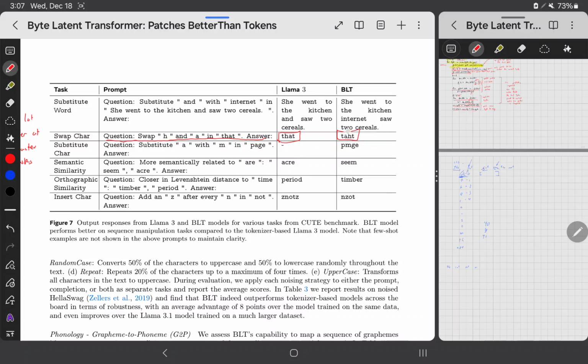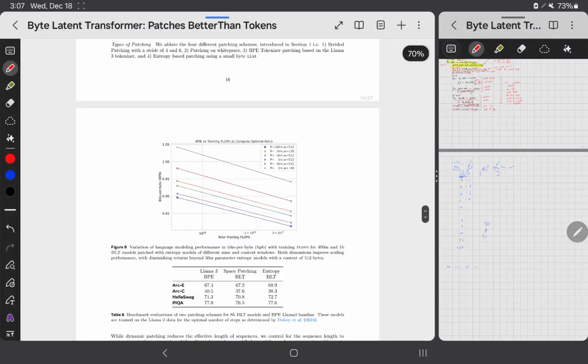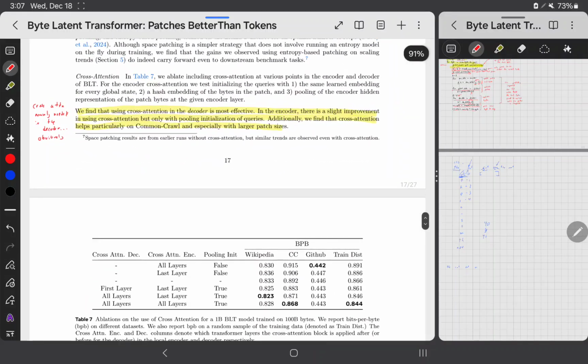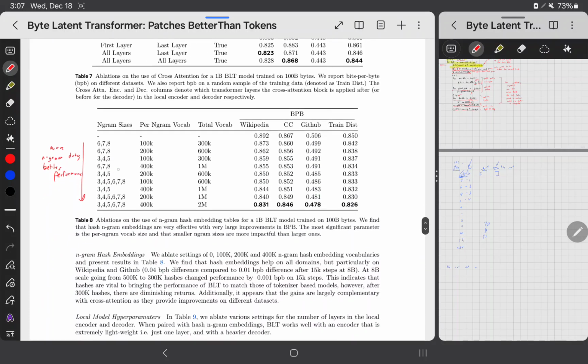Well, it can because there's TAHT. Maybe you have this as a patch and this as a patch, so it can do tricks like that now. Some more notes: you need cross attention mainly in the decoder, which makes a lot of sense because it's distilling information into the output sequence. And the more n-gram data you add at the beginning, the better it seems to do in general.